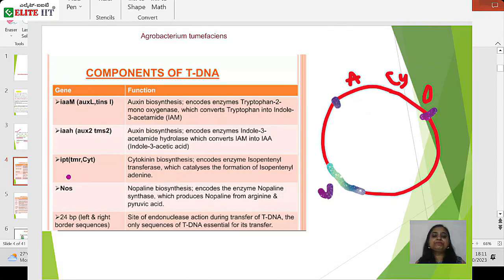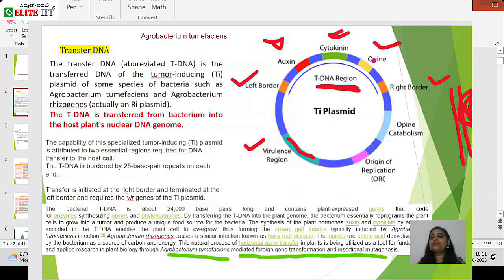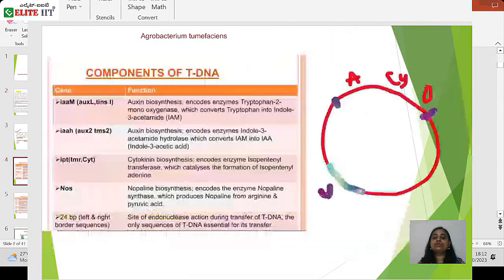Now, I told you auxin, cytokinin, and opine are the gene products, but there should be names of the genes that actually express these proteins or hormones. For auxin, this is IAAM.